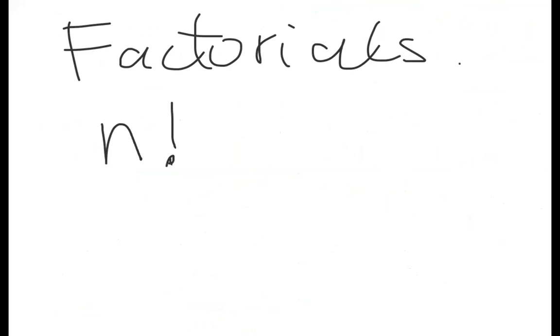You have a number followed by a symbol that looks like an exclamation mark. It's not an exclamation mark. You don't have emphasis on the number n. Instead, it means factorial.